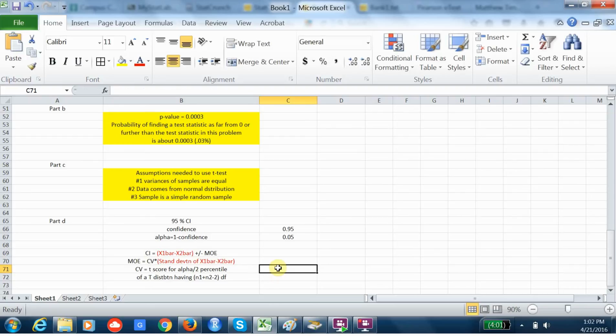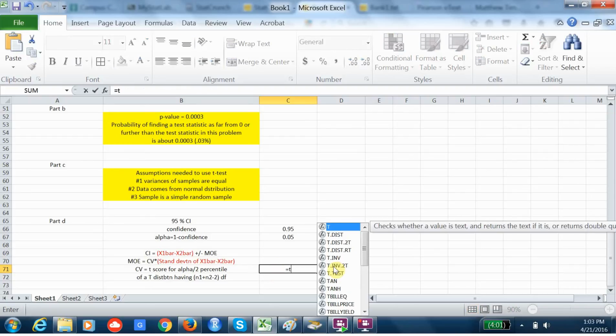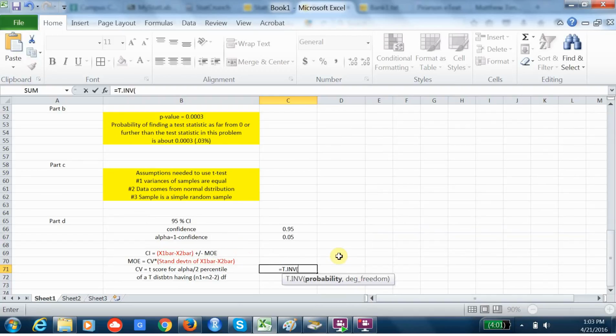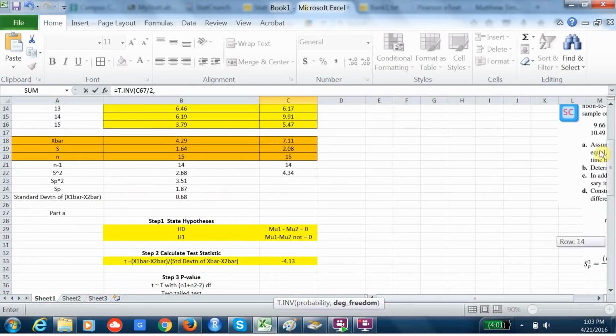All right, so we're going to go ahead and do that, and that's just going to be t-inv, right? We're going from a percentile to a data value. So it's going to be alpha divided by 2. And my degrees of freedom, I could put 28, but I'm just going to click on the cells. This plus this. Notice that the formula bar is up here, so I can still see what I'm doing.